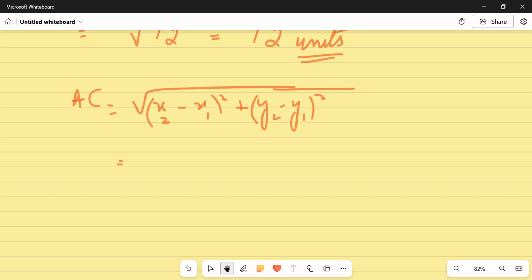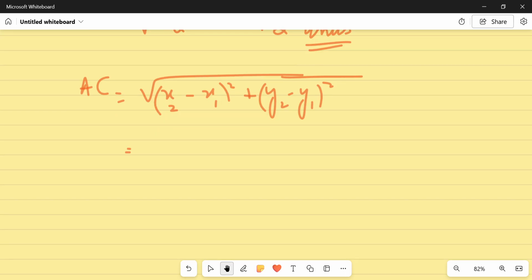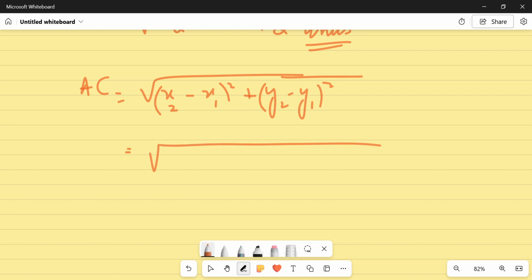When we substitute in this formula, x2 minus x1 is 12 minus -4, the whole square, plus 6 minus -2, the whole square.